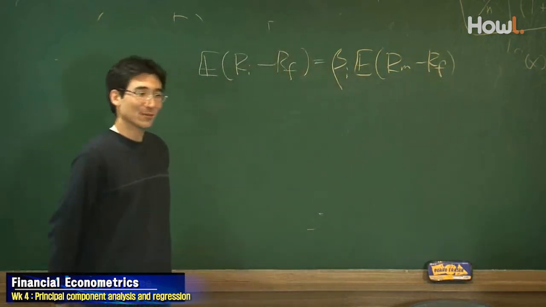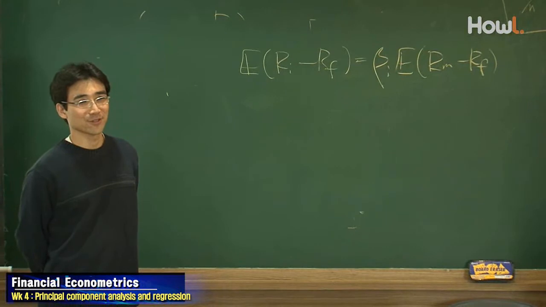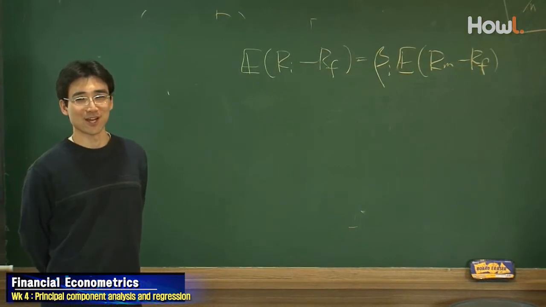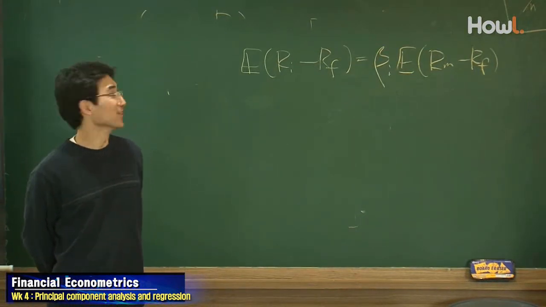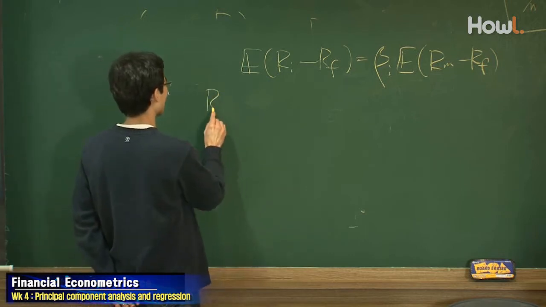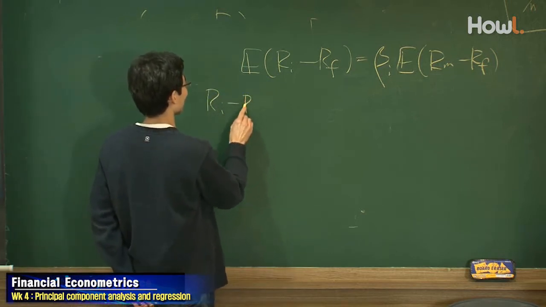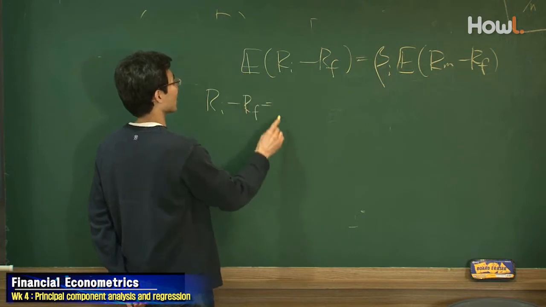Right? This is the capital asset pricing model. Does it look familiar? Actually we can get rid of this expectation sign.